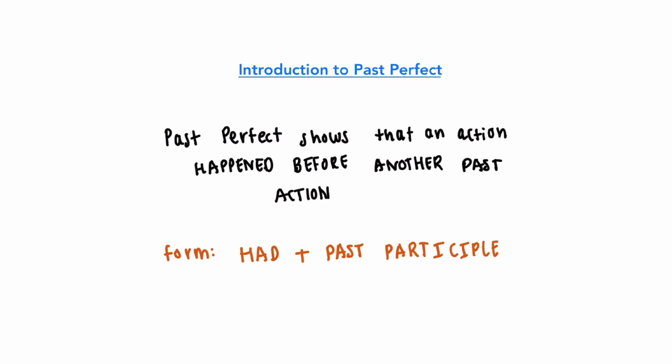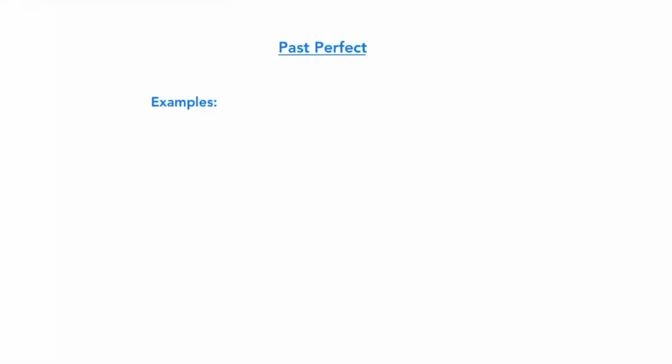Okay, so let's look at the example. Whenever we talk about past perfect words or sentences, we always have to add the had. So walk turns into had walked, eat turns into had eaten, and play turns into had played. Okay?